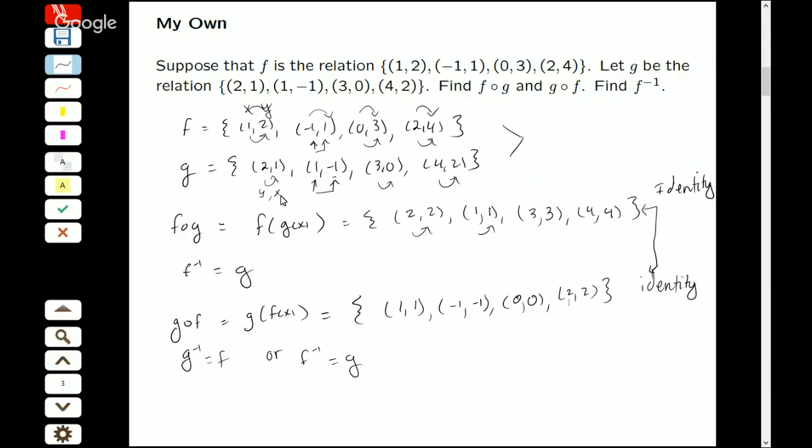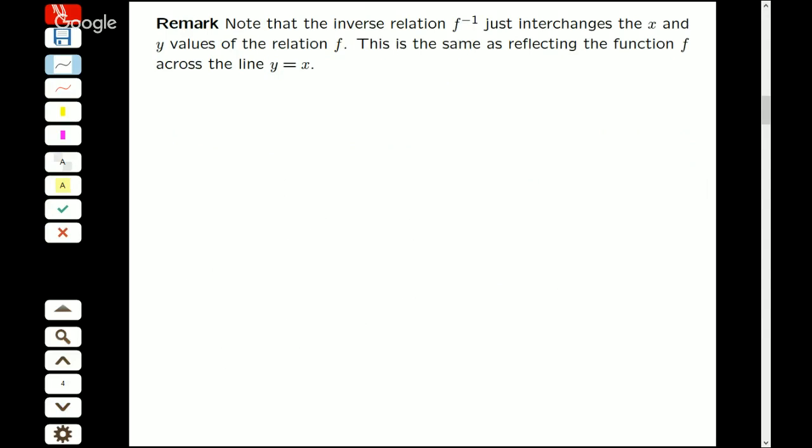So g is simply interchanging x and y in f. That's how you get your inverse function. Interchange x and y, that gives you the inverse function. That is what we have on our remark. Note that the inverse function f inverse just interchanges the x and y values of the function f.